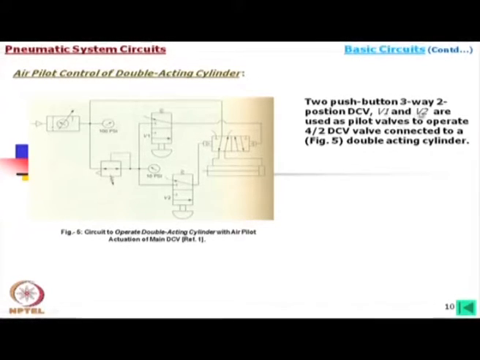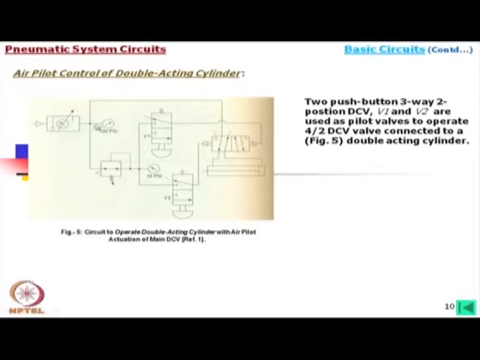Now, this pilot valve is named V1 and V2, and it is again a 3/2 directional control valve. But if we think of the pressure, the main system is working with one pressure and this system with another pressure. So, we need a pressure regulator valve.